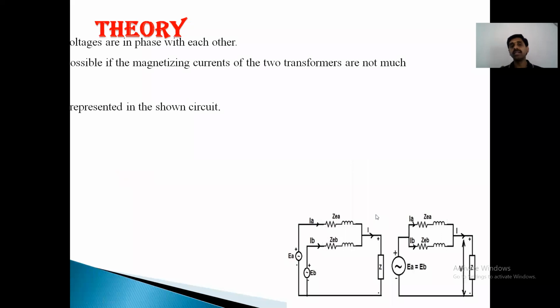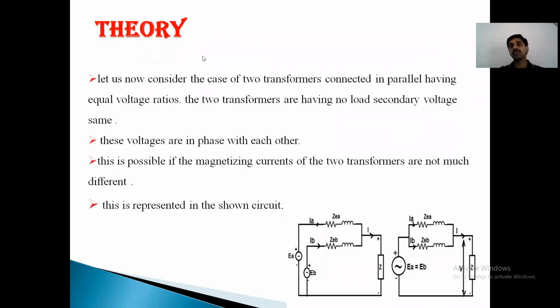So if you go for the theory of this, let us now consider the case of two transformers connected in parallel having equal voltage ratios. Two transformers have the same no load secondary voltage. That means E02 is same. Equal voltage ratio means no load secondary voltage is same. These voltages are in phase with each other.